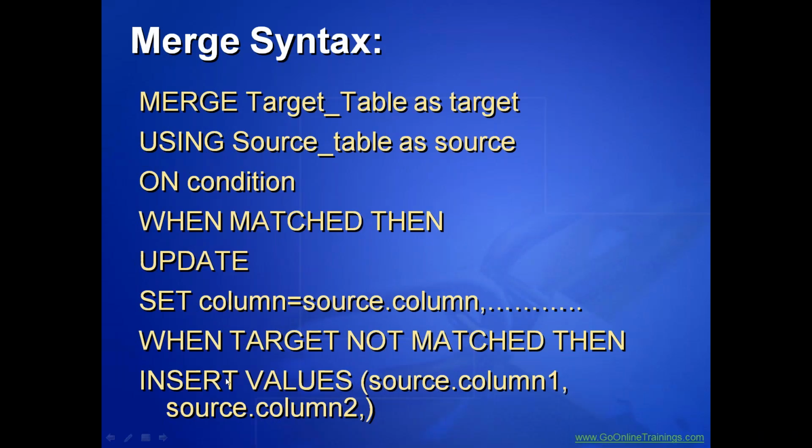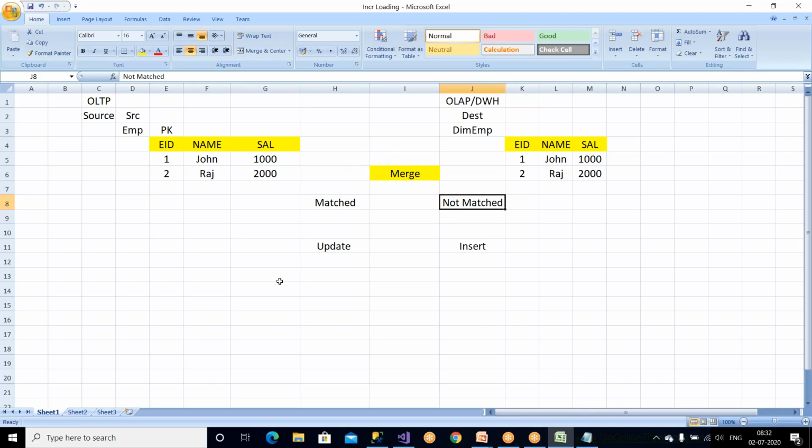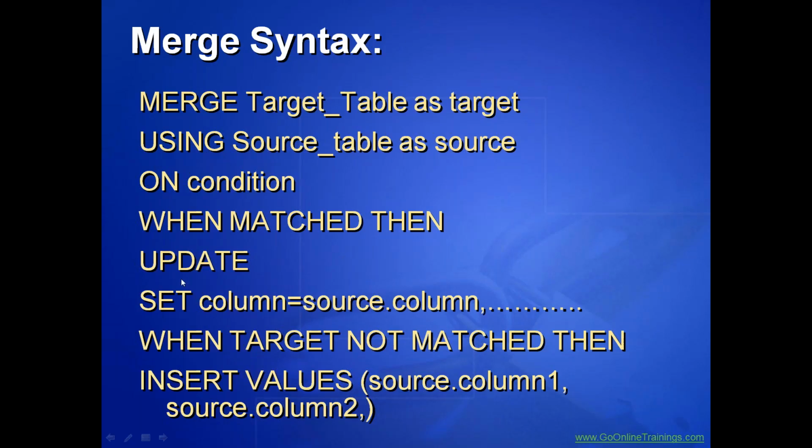See this? The same thing. If you know matched and not matched or unmatched, the same thing will get implemented here. Matched data will get updated, not matched data will get inserted. That's it. So for the update statement, you should be able to write it. And when target not matched, then you have to insert the data. So that's it, nothing else.